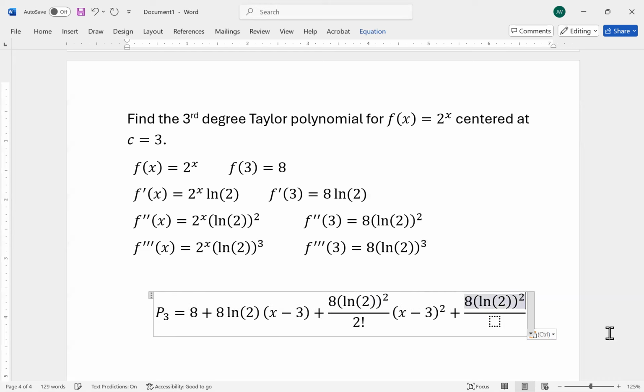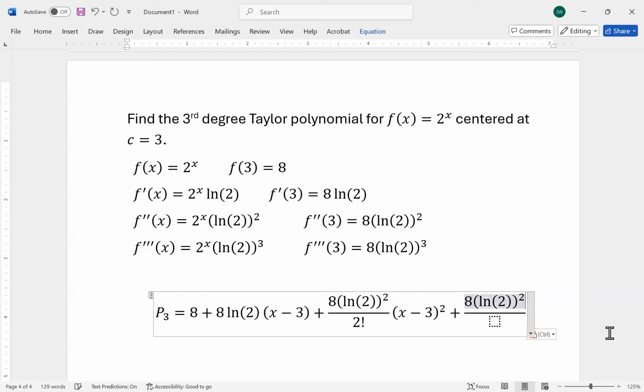Only 2 derivatives left. The fourth derivative is negative 6x to the negative fourth power, or in other words, negative 6 over x to the fourth.